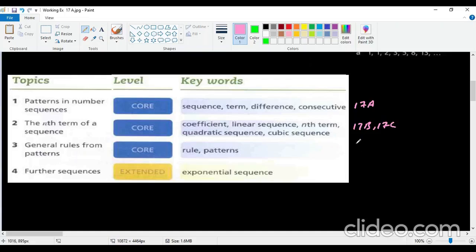Then 17d is based on general rules from patterns, and these are all core parts of mathematics. Now, for extended, further sequences and exponential sequences are going to be discussed in exercise 17e, and I'll make a separate video for each part so that it's very clear in understanding.